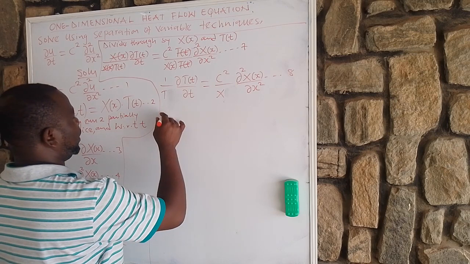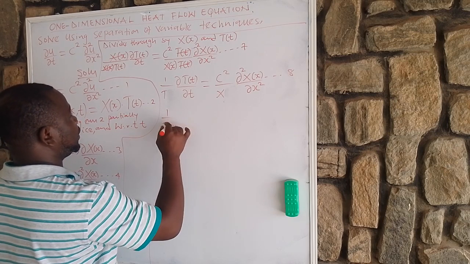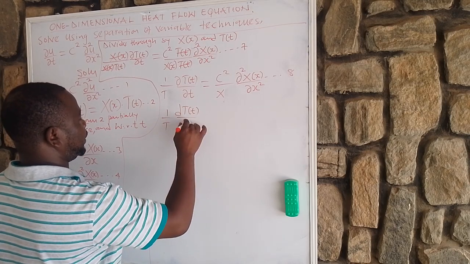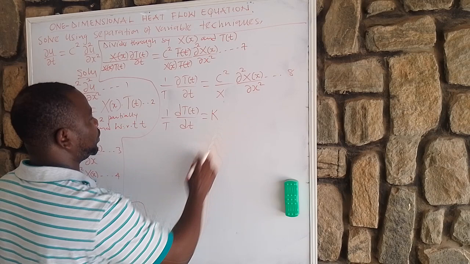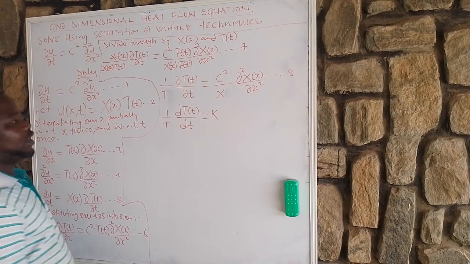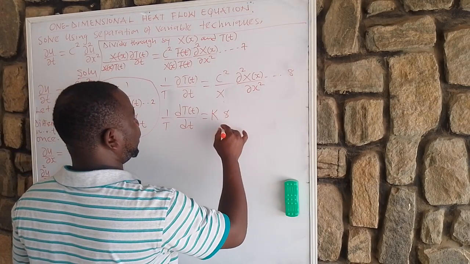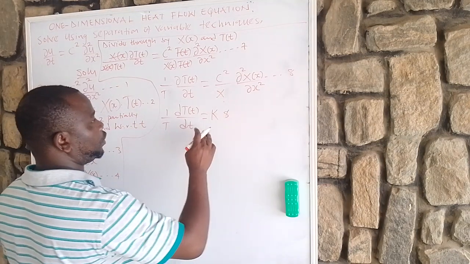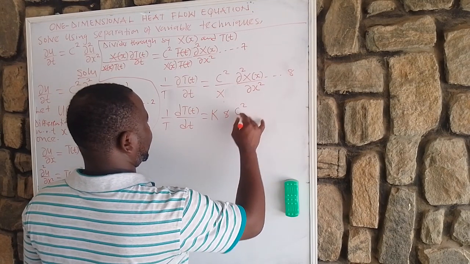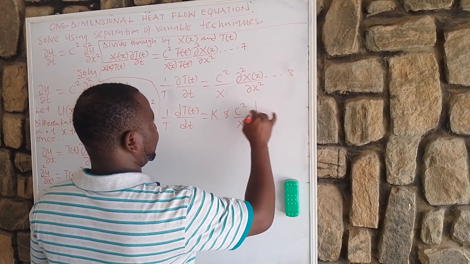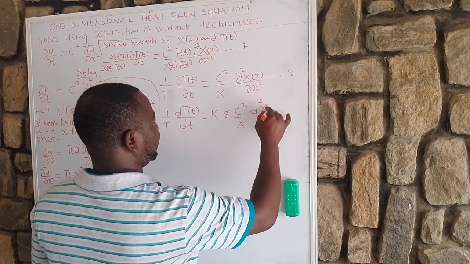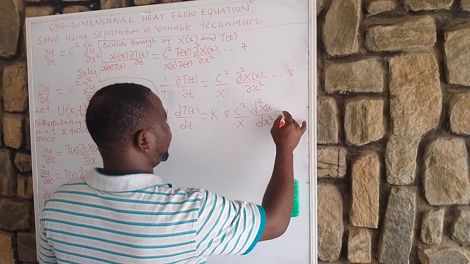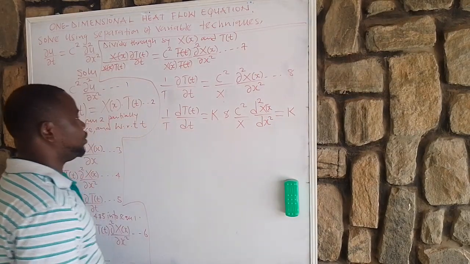So we now have 1 all over T, dT of t all over dt will now be equal to k. And c square of X, d square X of x all over dx square will now be equal to k.